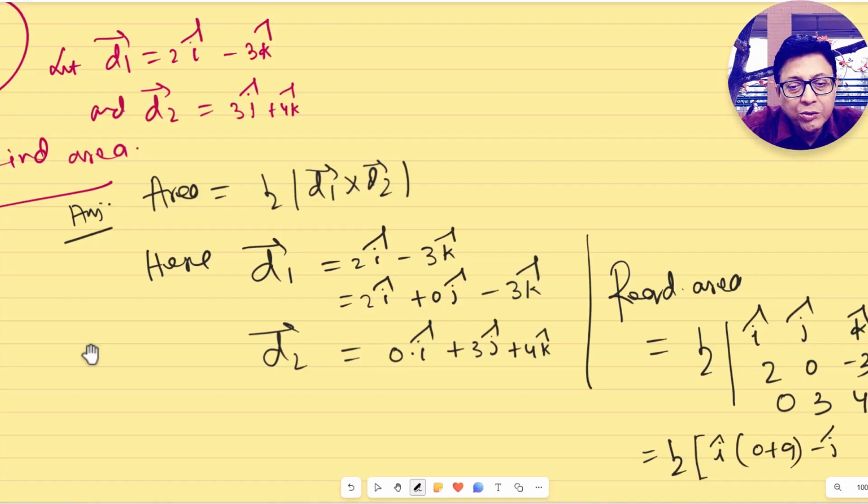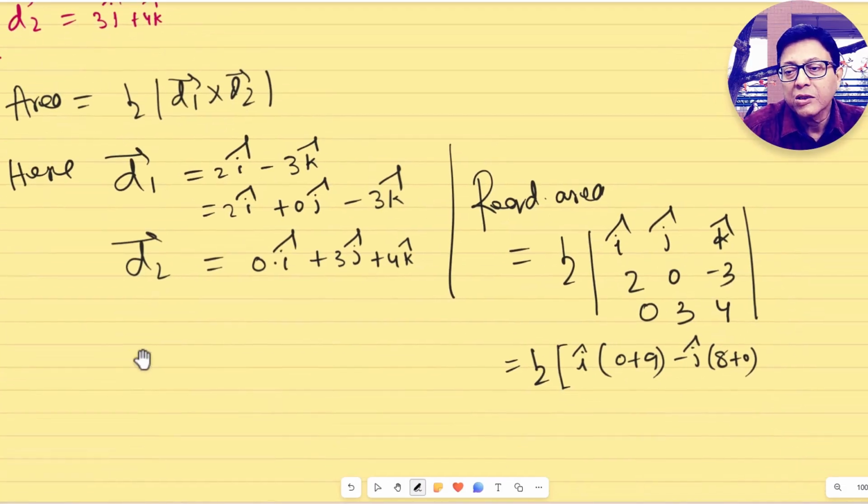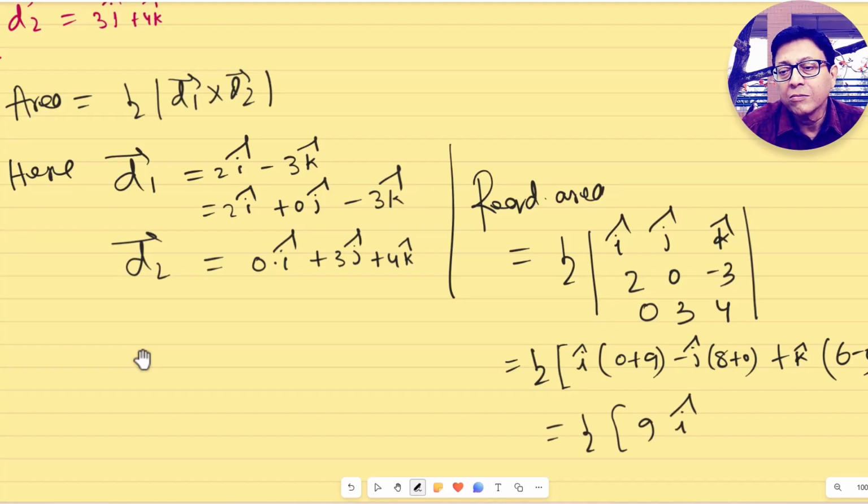Hope you have understood. So the required area will be half of the determinant with ijk in the first row, then 2 0 minus 3, 0 3 4.